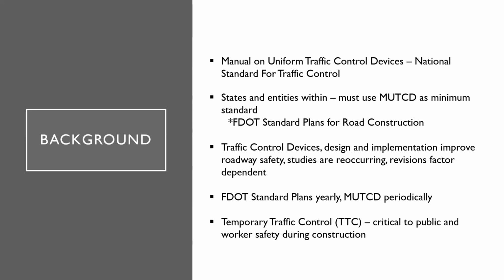If the utility strike occurred where there's damage in the roadway, you're looking at a lane closure. So standard plans are what's used to guide the temporary traffic control measures. It tells people where they need to set up and how to set up the flow pattern of your temporary traffic control.